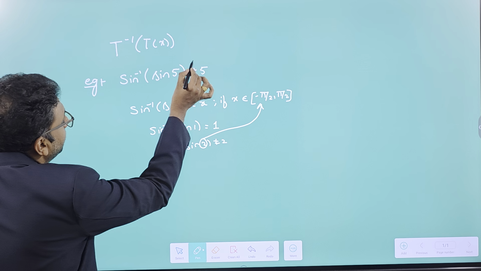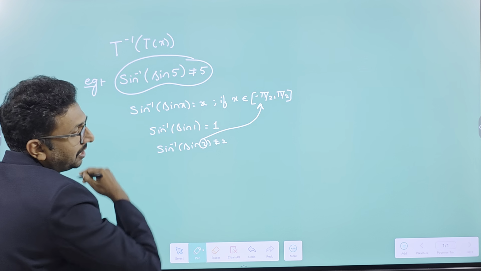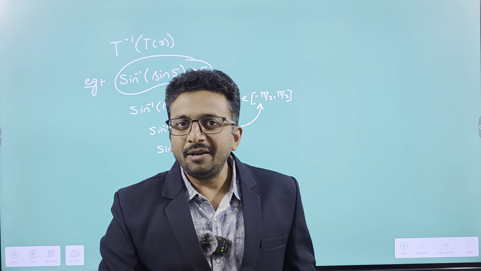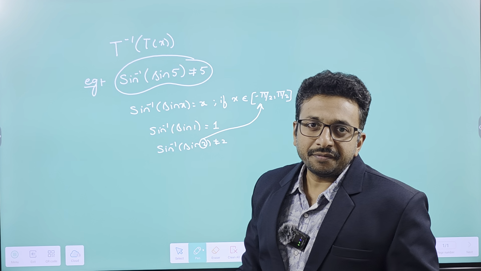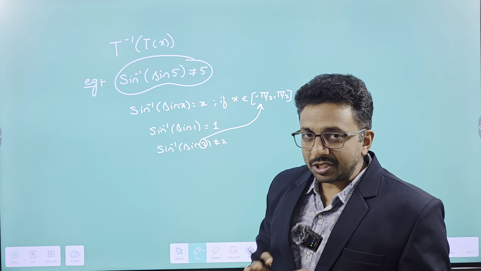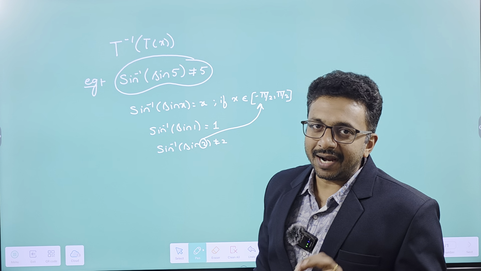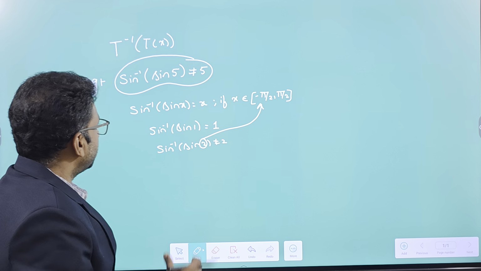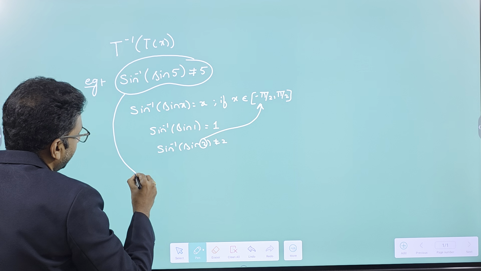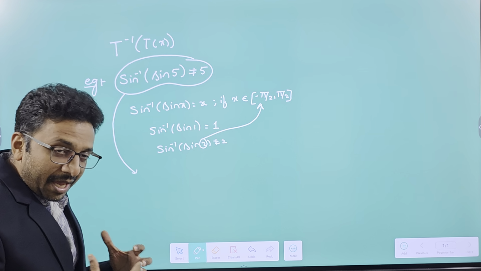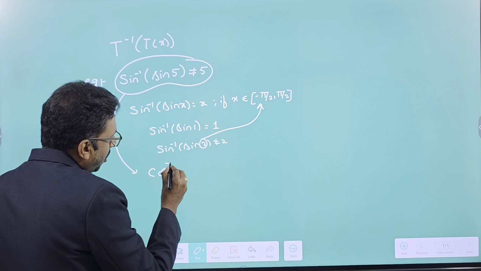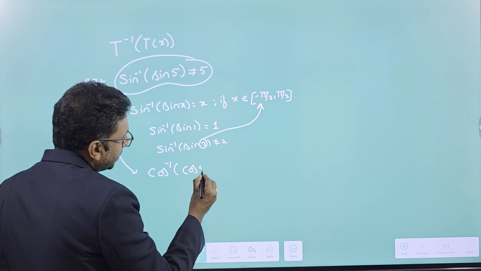So if the value of sine inverse of sine 5 is asked, many students will feel slightly apprehensive about how to find it. It's not a very difficult question if you understand the concept clearly. The examples I will make you understand are sine inverse of sine 5, cos inverse of cos 5.